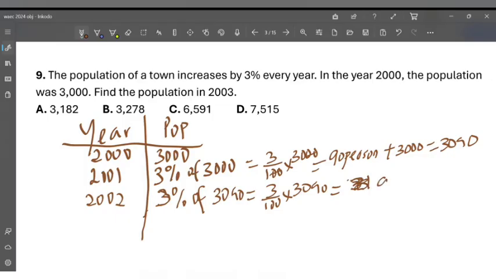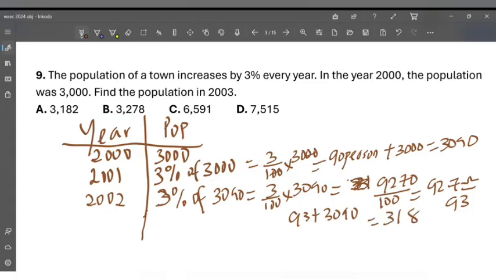Sorry for the mix-up. 9,270 all over 100. When you divide, you are going to have 92.7 persons extra, which is approximately 93 persons. So if you add these 93 persons to the 3,090 persons that were there, you know how many persons are there in 2002. So 93 plus 3,090 gives me 3,183.